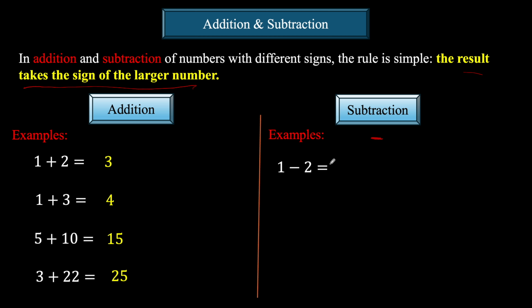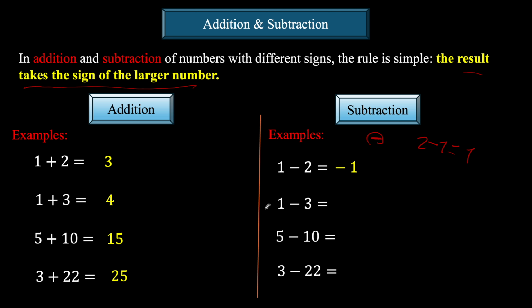Then what we do is to make the subtraction of the smallest number from the largest number. So 2 minus 1, it is 1, as we saw. And don't forget this sign here. So we get minus 1.